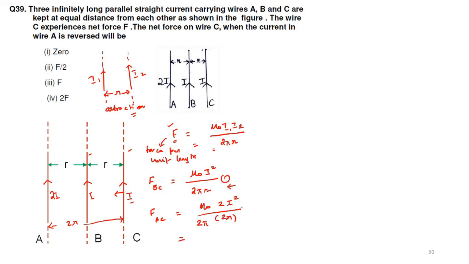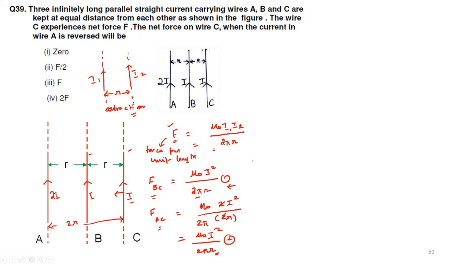So you can cancel out this 2 and this 2, so mu naught I squared by 2 pi r. Now you look at this, mu naught I squared by 2 pi r here, mu naught I squared by 2 pi r here. So numerically FBC and FAC are equal.